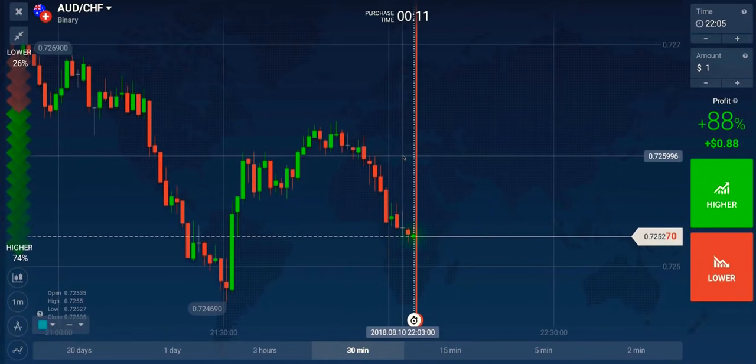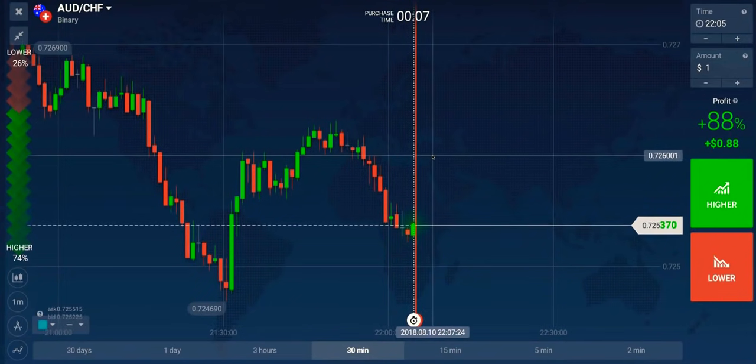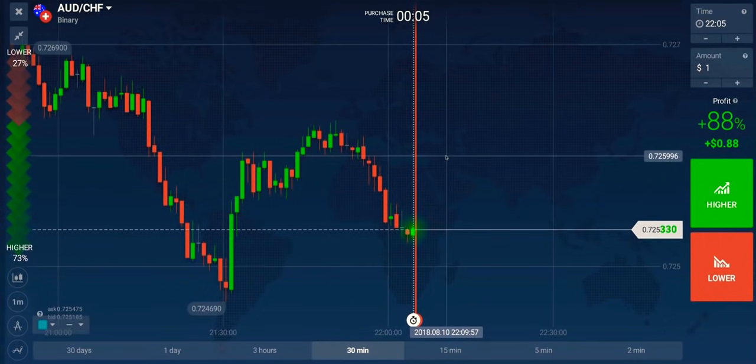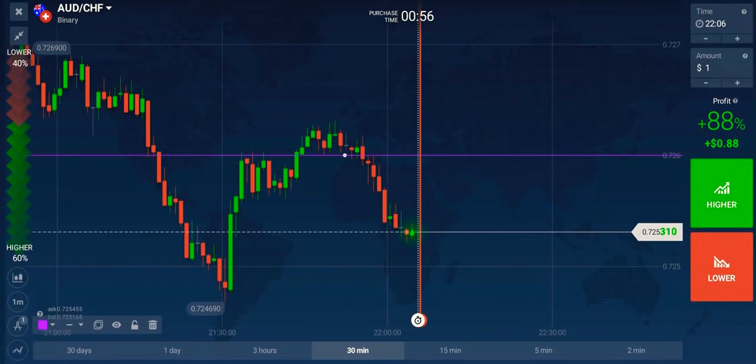So what do I mean by correlation? Firstly, you need to understand that only pressure can break support and resistance, and only support and resistance can break pressure.